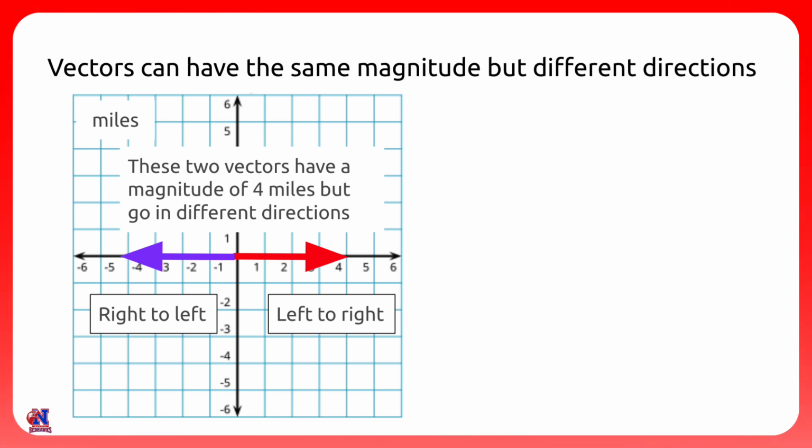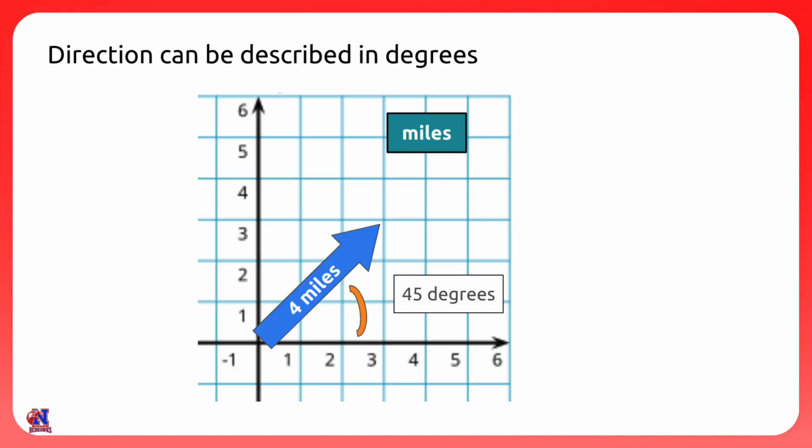Now you can have two vectors that are the same magnitude but going in different directions. So they're totally different vectors. The red one here is going from left to right, and the purple one is going from right to left. Those are two different vectors because they're going in two different directions, even though they have the same magnitude of 4 miles. See, miles is the unit in this case in the upper left-hand corner.